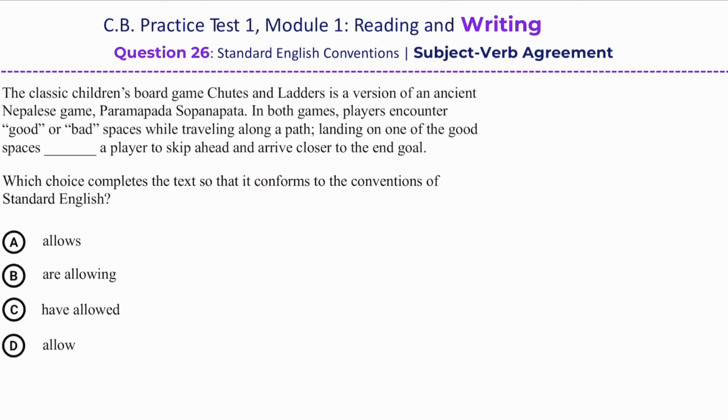So in what way is the SAT testing me? They're testing me on verb forms. When they test you on verb forms, the context clues you're looking for are going to be different than the context clues you're looking for when you're dealing with subject-verb agreement questions. Can you see that? And that's really what verb form questions are.